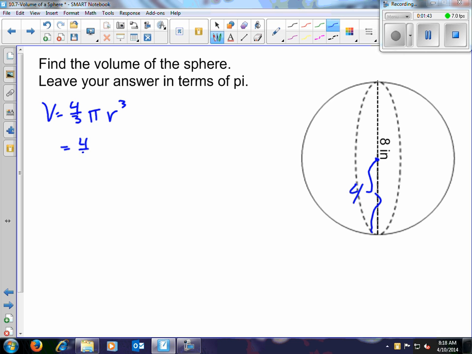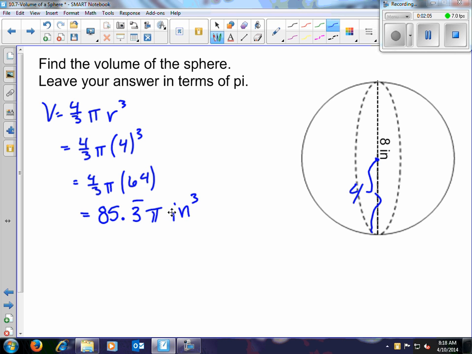I have 4/3 pi times my radius, which is 4 cubed. 4 cubed is equal to 64. So then I have 4/3 times 64, which is 85.3 repeating, and then we have pi tacked on to the end, inches cubed.